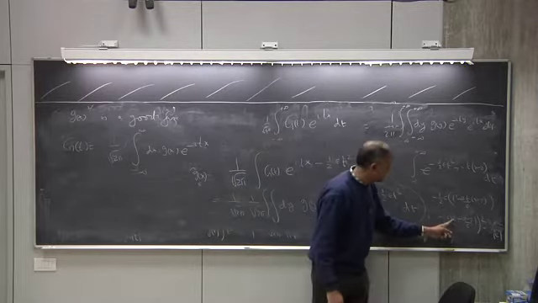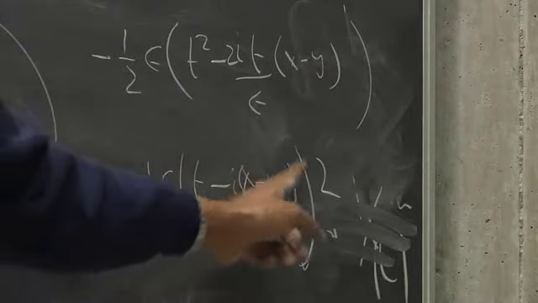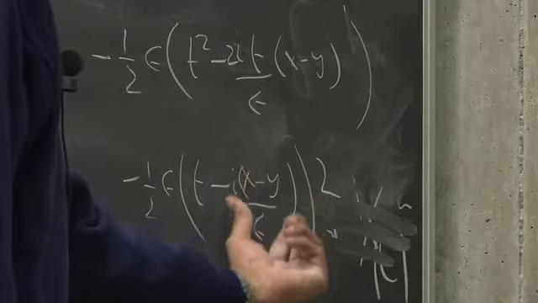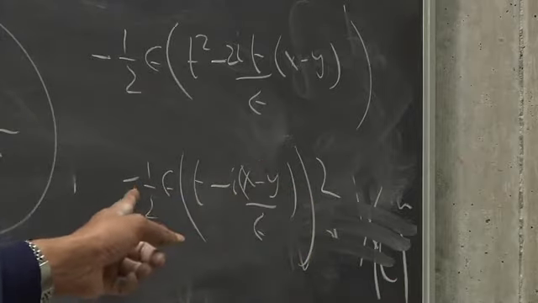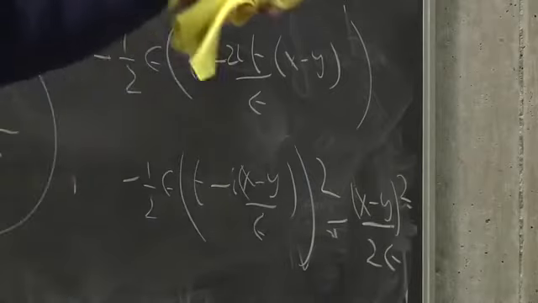The t square and the cross term give that factor, but then I have to subtract the square of the extra term, which gives minus x minus y square divided by 2 epsilon. So I just use the trick.